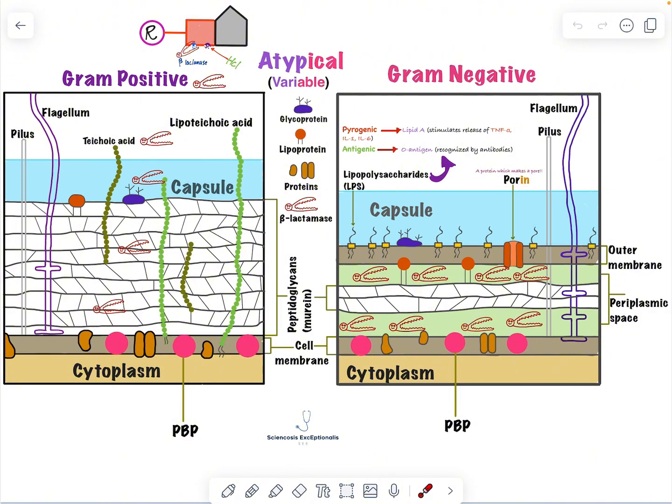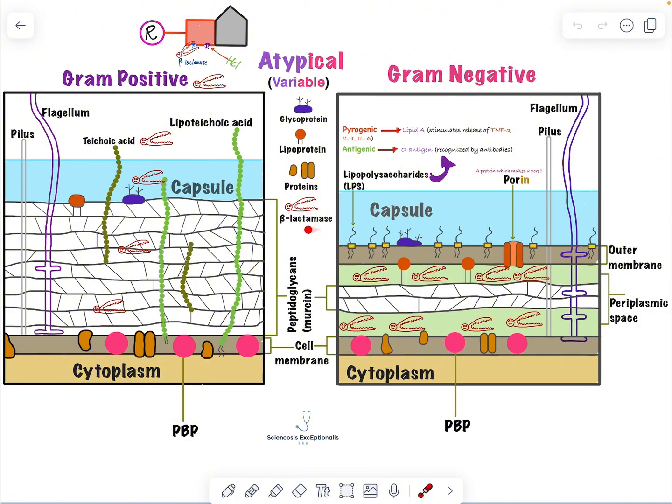So, beta lactam antibiotics, which work on penicillin binding proteins, need to pass through this porin to be effective in gram negative bacteria. Gram negative also have a periplasmic space, which is found between the outer and the inner or cytoplasmic membrane, and it contains the thinner peptidoglycans and other proteins or enzymes such as beta lactamase.